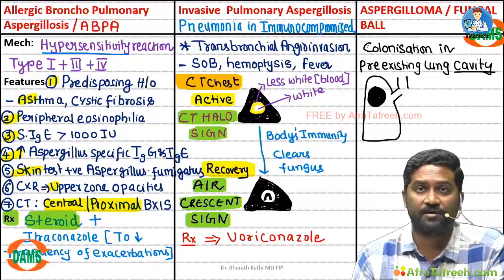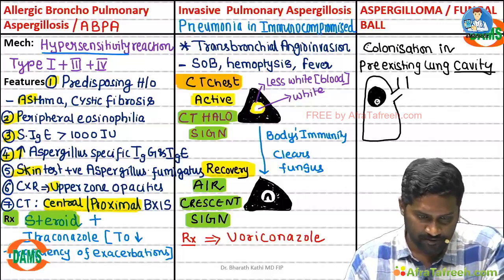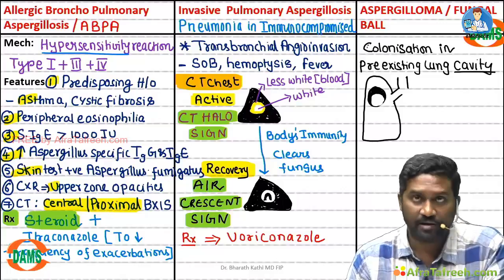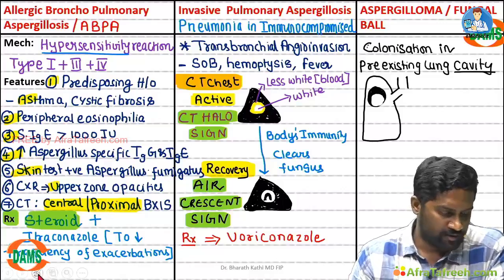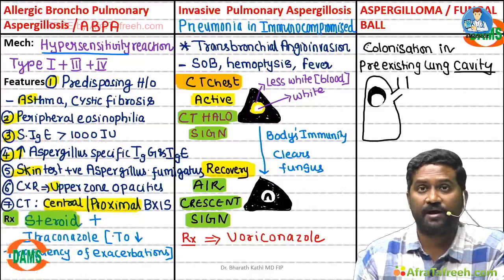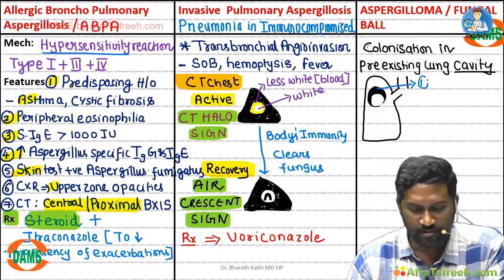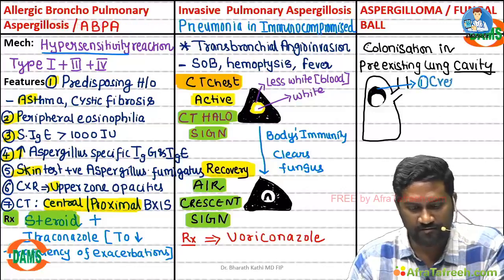White, because it is made up of solid filaments. Now if you observe here, around the fungus there is a half moon shaped structure made by air. This is also called the crescent sign.